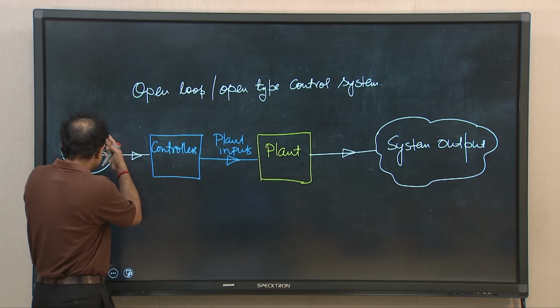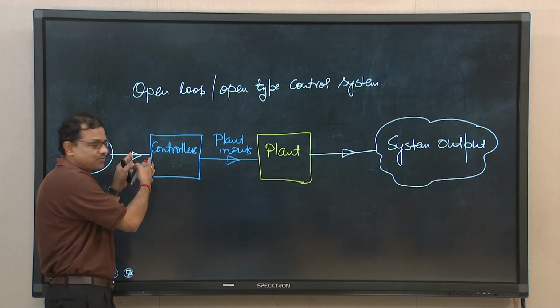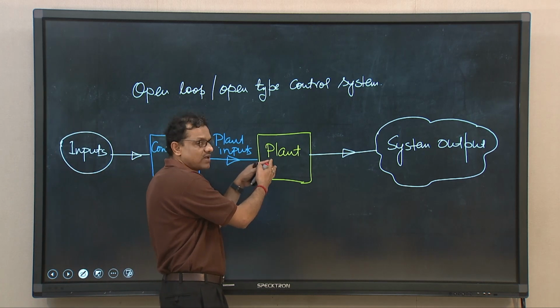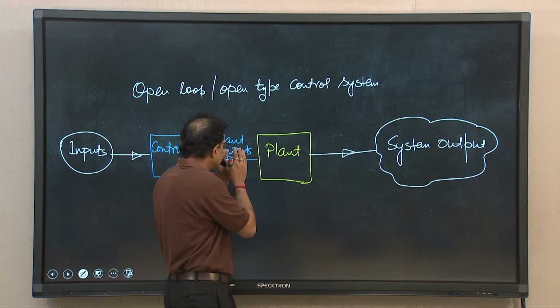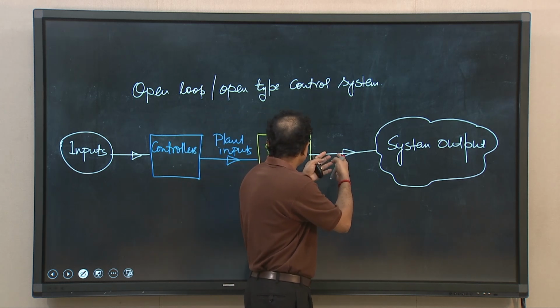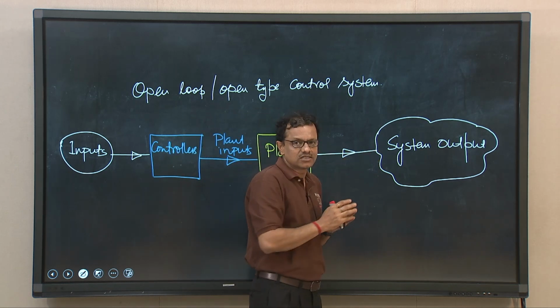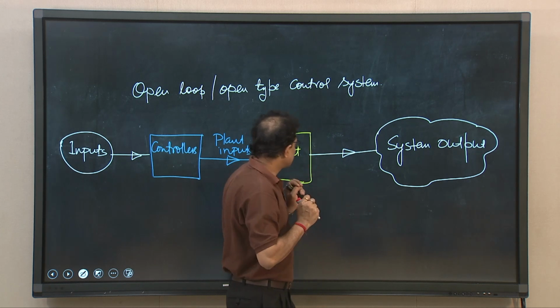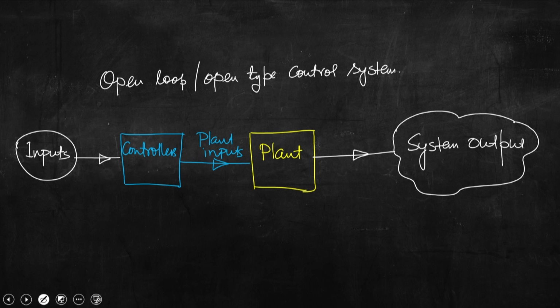The controller receives some inputs from the environment and gives some input to the plant to drive it, and then the objective is to get the system output. So, this is the basic type, that is open type control system.